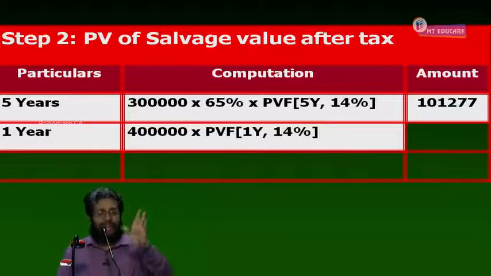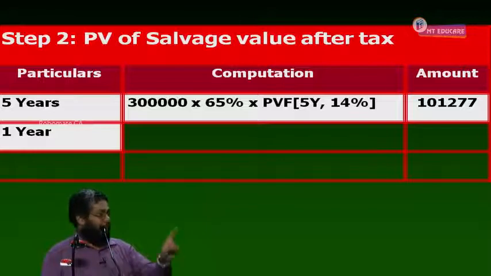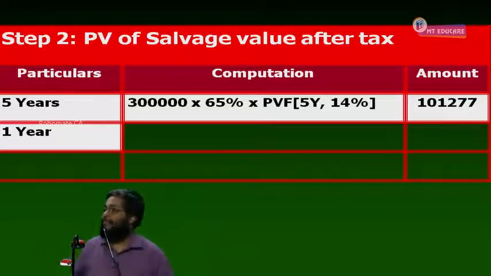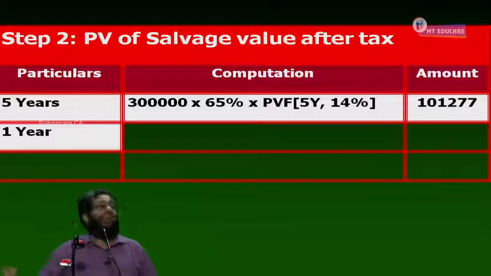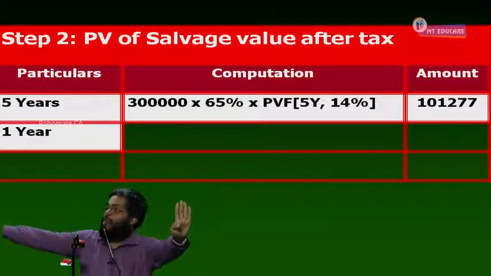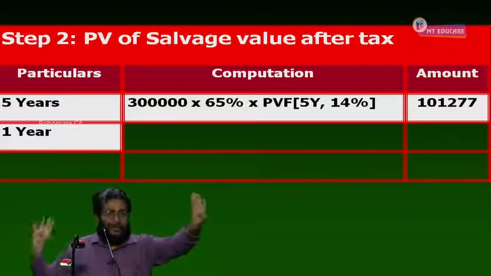Should I explain that point once again or can I proceed? I'll explain once again. Very simple. Don't copy anything. First of all, I keep the plane for 1 year and sell. I purchase the plane for 5 lakh. What is the depreciation for 1 year? 1 lakh I provided. What is the WDV? 4 lakhs. I sold for 4 lakh.